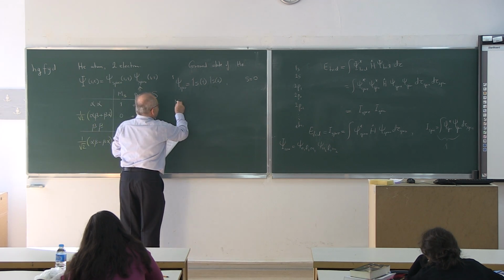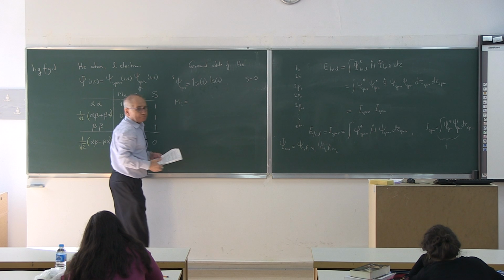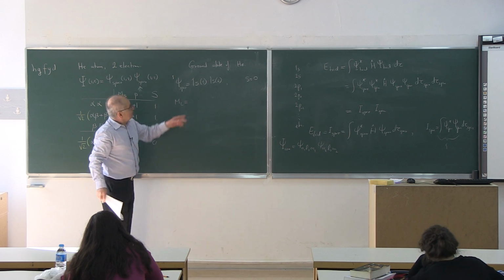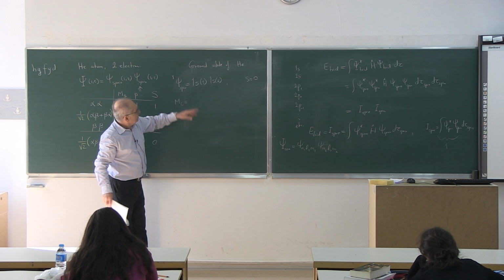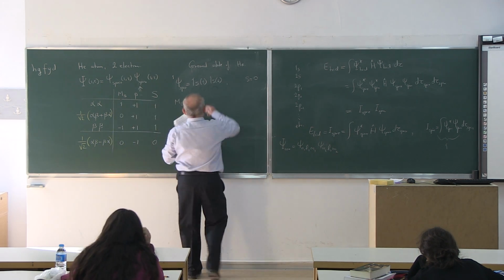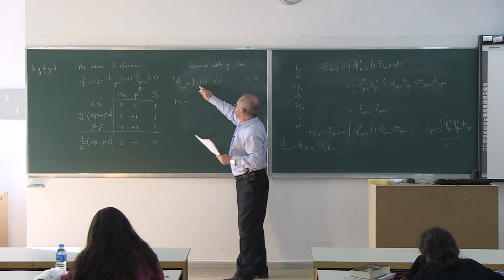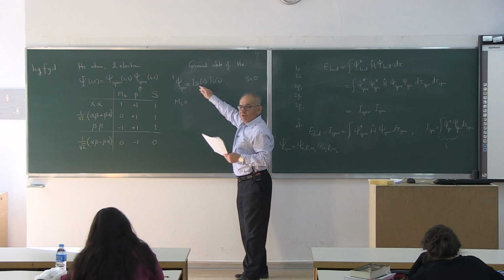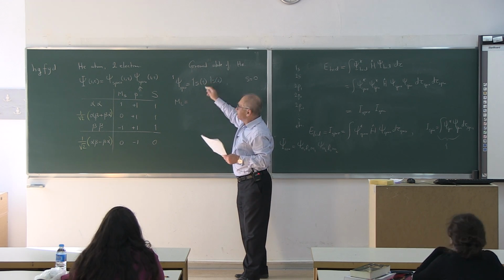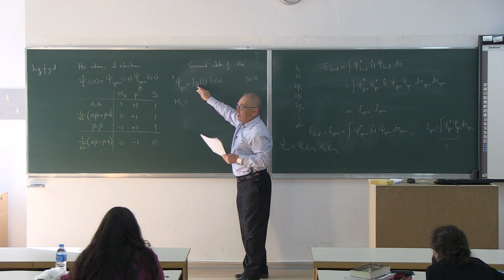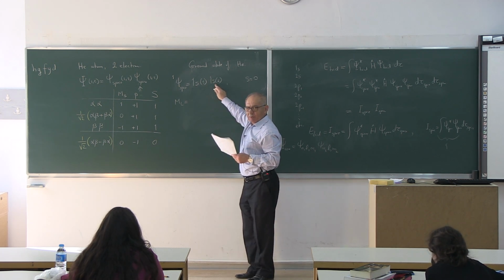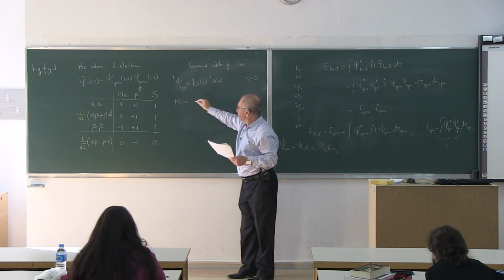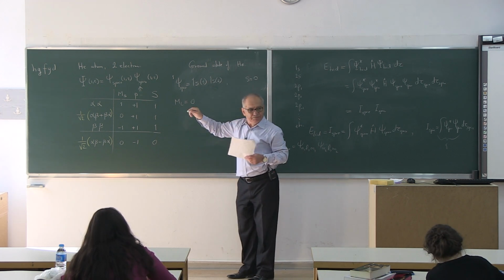Also, ML value for such a product is, as we have shown before, obtained in a product by just adding the small ml values of each orbital in the product. What is ml value for s orbital? 0. This is also s orbital, so 0 plus 0 gives 0.